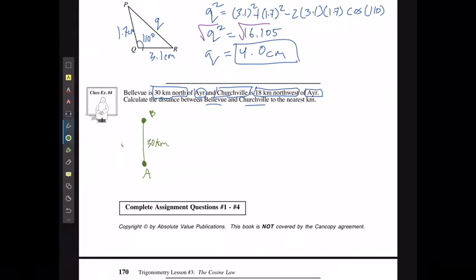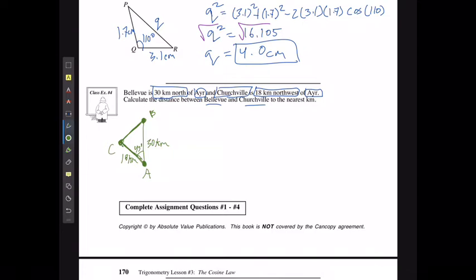And Churchville is 18 kilometers northwest. Going from straight north to straight northwest is going to be a 45-degree angle. Because if straight north to straight west is 90 degrees, then going northwest is halfway in between the two.